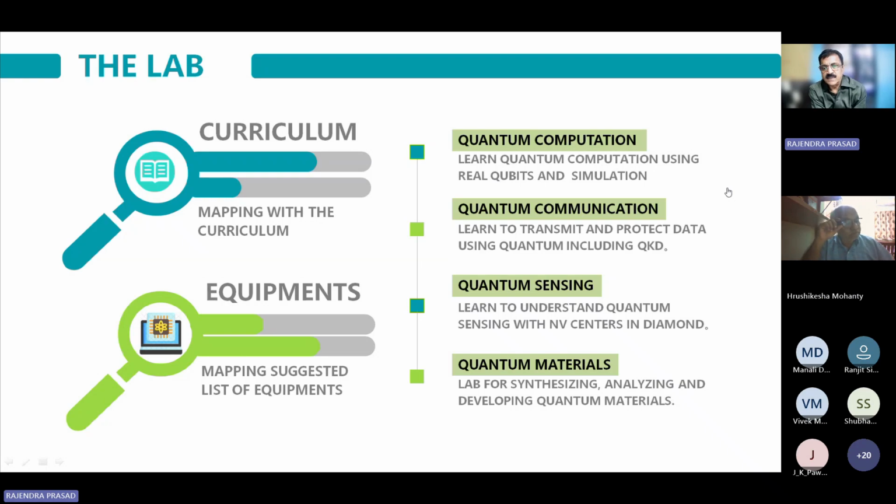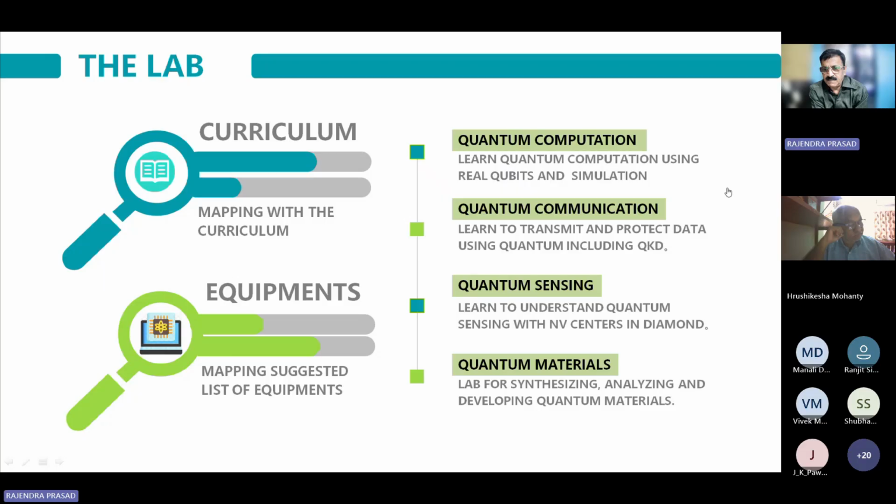Though there is a lot of research going on, industries have come to some extent to implement these communication and cryptography techniques.